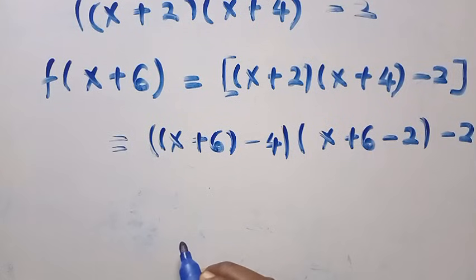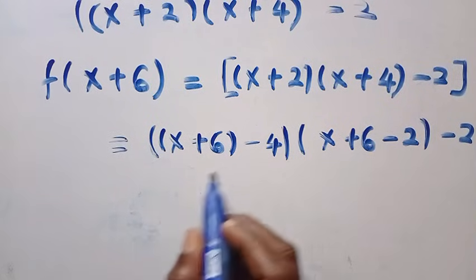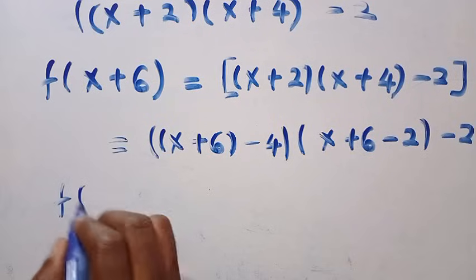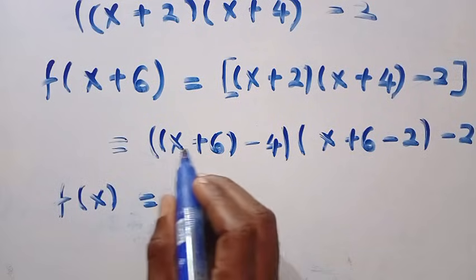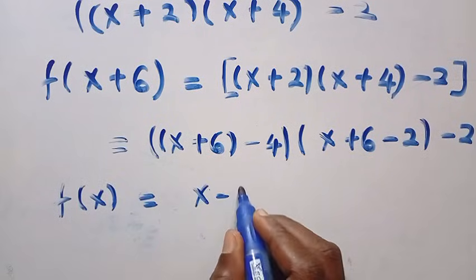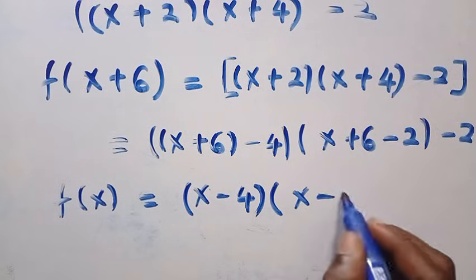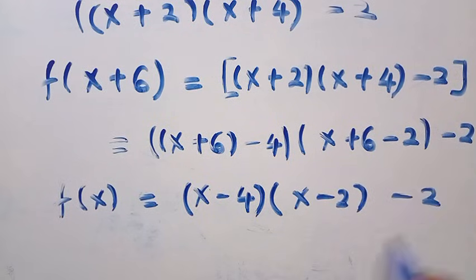On getting this, we replace every x plus 6 with x. So here we have f of x equals, x plus 2 has changed to x minus 4, then bracket, this is x minus 2, then all minus 2 at the bracket.